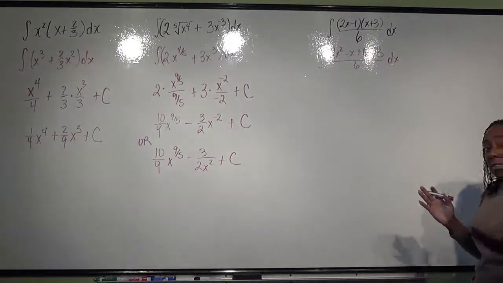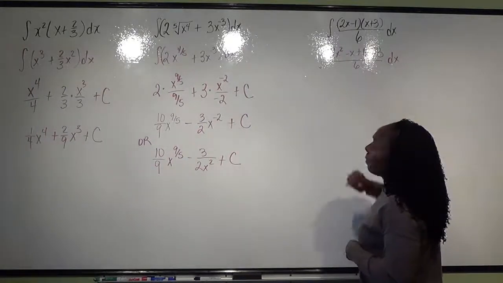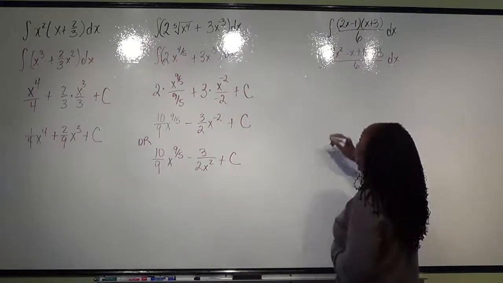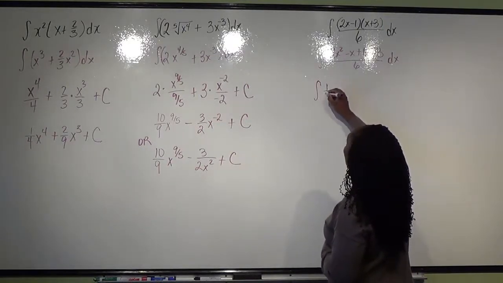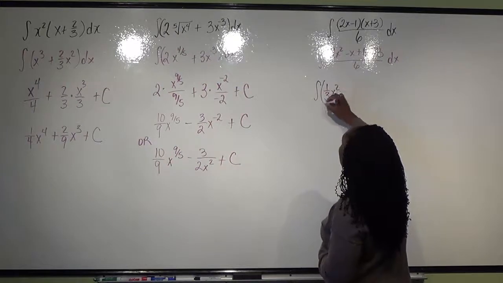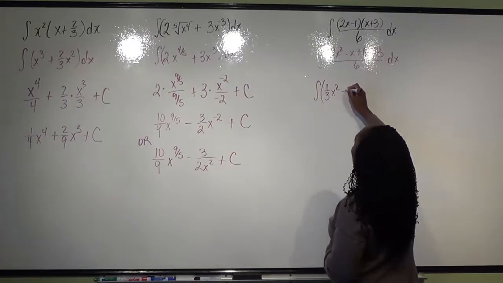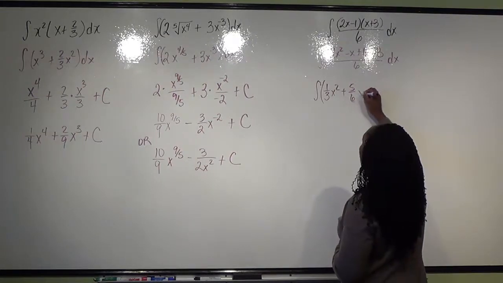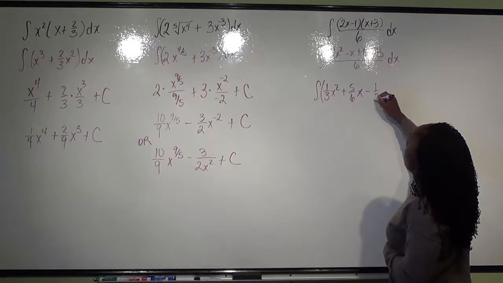With that, I can now separate these terms. We'll go ahead and combine the middle ones, but I can separate over the denominator. So I'm going to have the integral of 1/3 x squared, plus 5/6 x, and then minus 3 over 6, or a half.